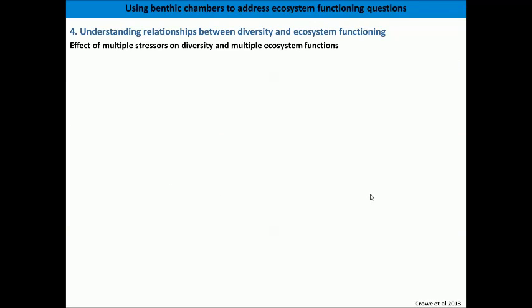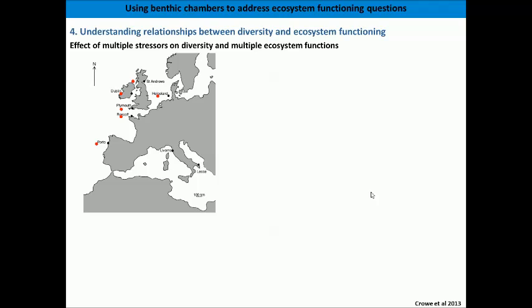Another question that has been tackled using these chambers is to test the effect of multiple stressors on diversity and multiple ecosystem functions. This was done by performing the same experiment at different areas throughout Europe, at the red spots, but obviously on land, not in the sea.